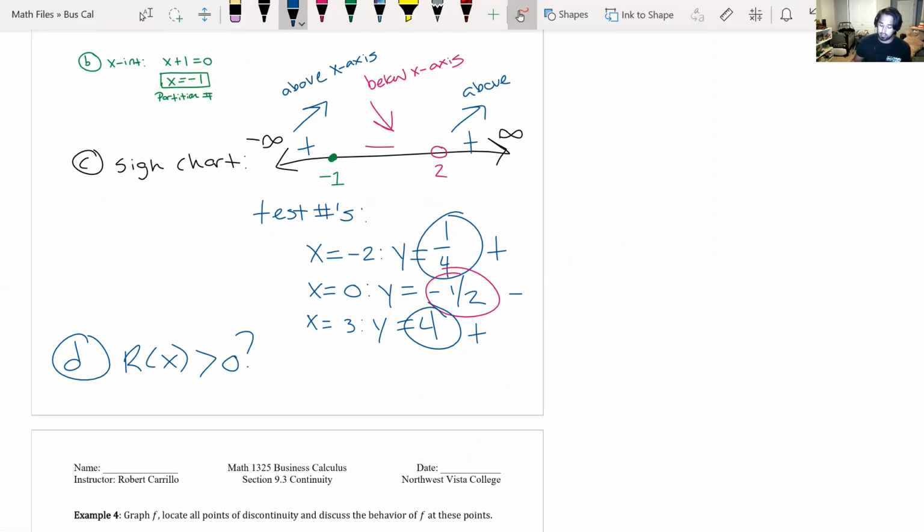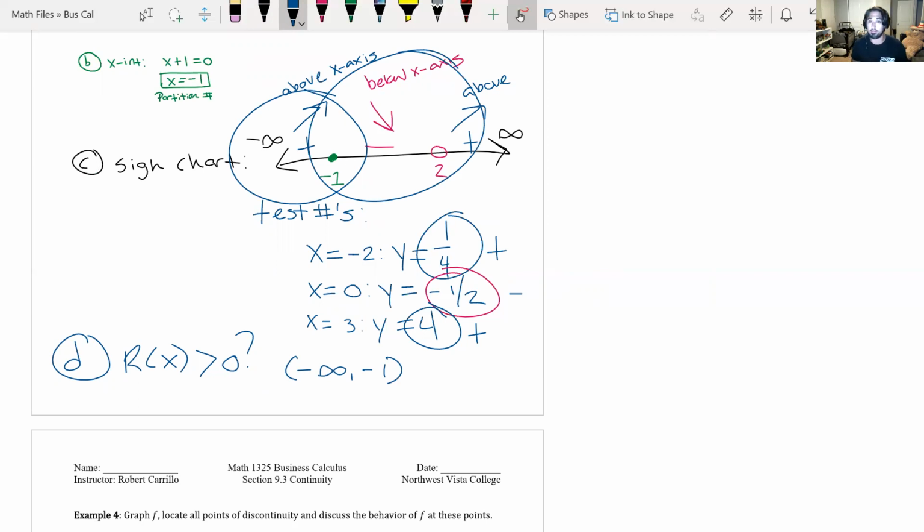Now look at the sign chart, and here's our first interval. From -infinity to -1, we are above the x-axis, okay? And then if we look at this interval, this is below.